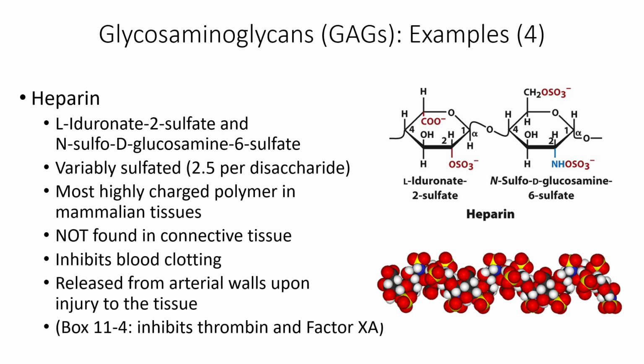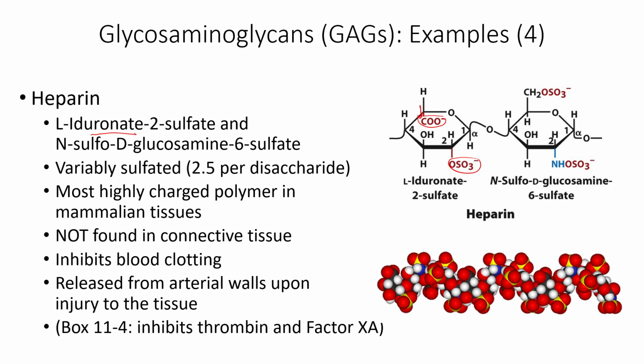So again, we know it is in the L configuration because the 6th carbon is pointing down in the standard orientation, and we have the uronic acid, or the uronate, because it's charged, because this carbon is oxidized to the carboxylic acid. And at the 2 carbon now, we have a sulfate group. So altogether we have L-iduronate 2 sulfate on the left.